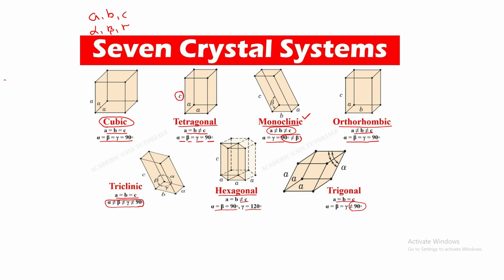You memorize all these things, but you should be able to identify the different crystal systems. So in total we have 7 different crystal systems on the basis of the lattice parameters a, b, c, alpha, beta, gamma.